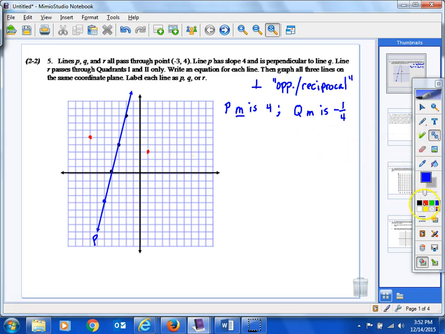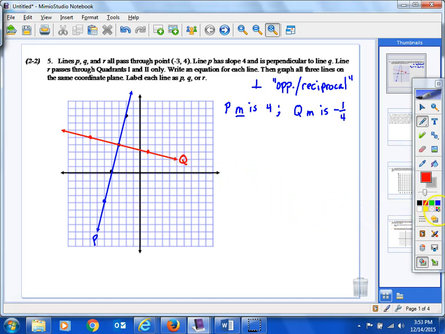We'll draw line Q. Okay, and it looks something like that. So you can kind of get a visual here that where they cross forms a right angle. That's what perpendicular means. Okay, so let's label that as line Q.